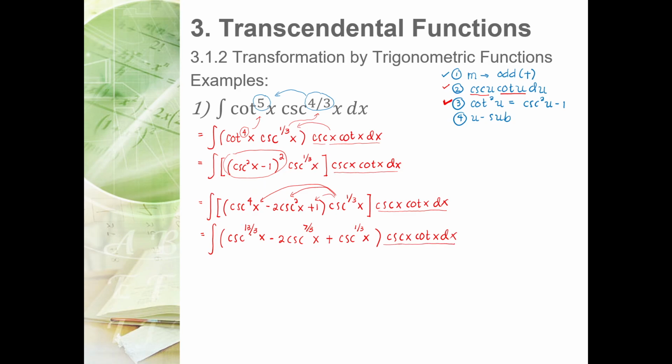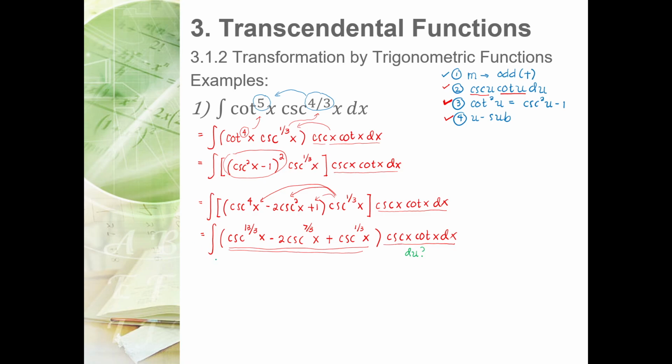Since there's no simplification process left inside the integrand, we can now proceed with the u sub. If you observe the remaining integrand inside the parenthesis, there's nothing else to simplify or expand. So this one is our candidate or probable value for your du.